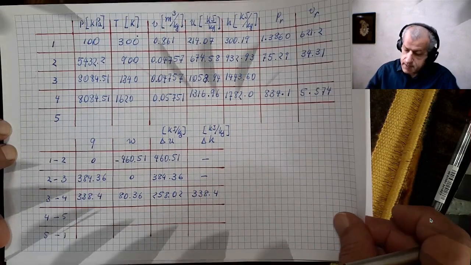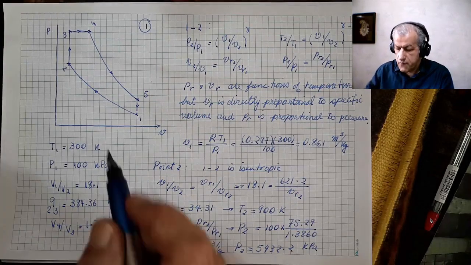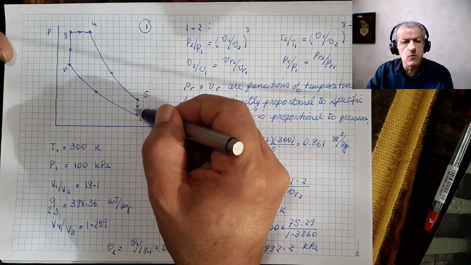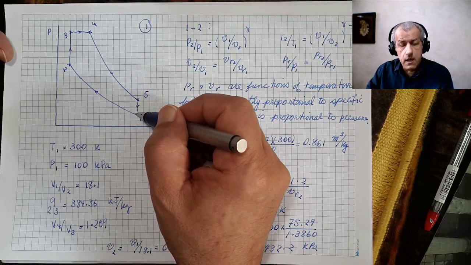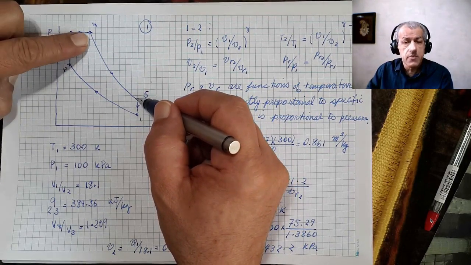So let's move to process 4-5. What is our knowledge on point 5? There are 2 ways to reach point 5. The first knowledge is that its specific volume equals that of point 1, and the second is that we are on an isentropic process from point 4.